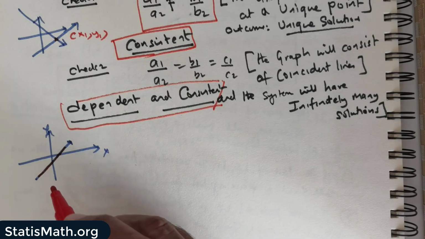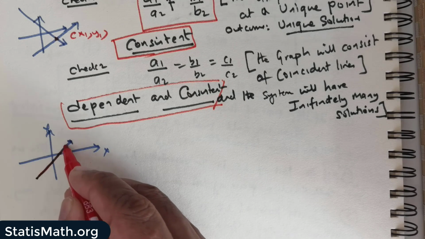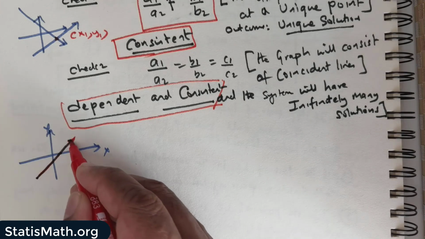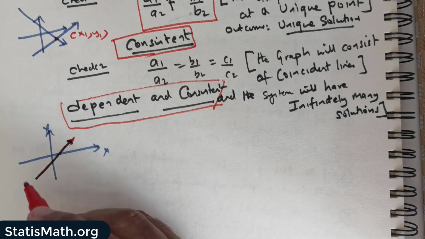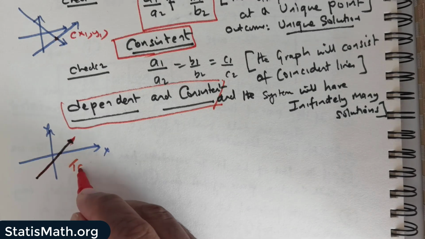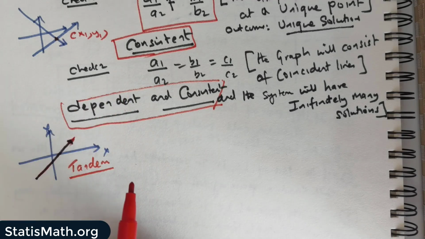This is what is called coincident. All the way, right from here, both of them will be one over the other. None of them will be greater, none will be smaller. They will be in tandem. The keyword is tandem, one over the other. So have that in mind.